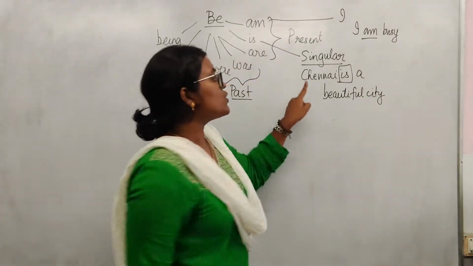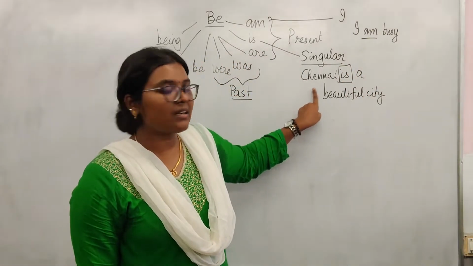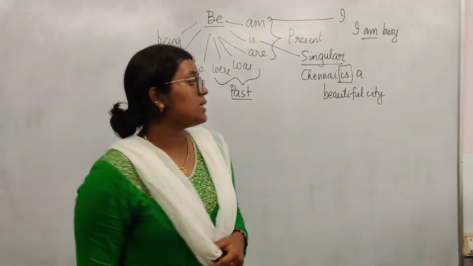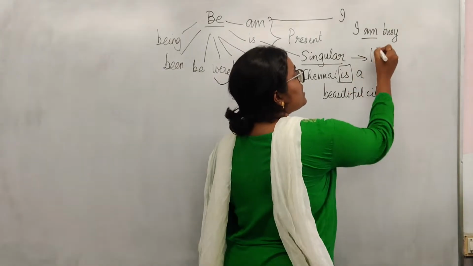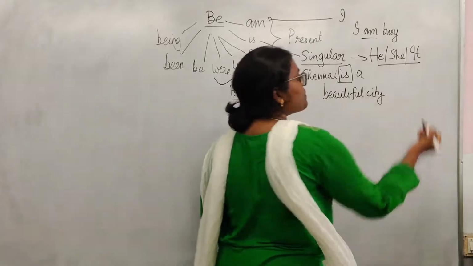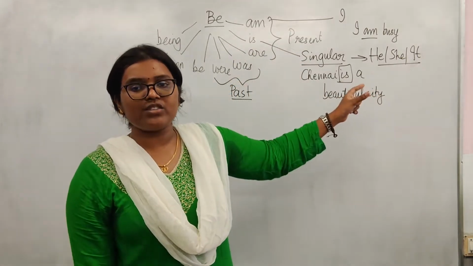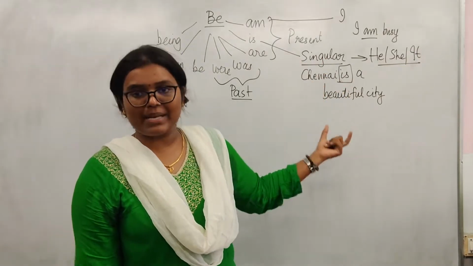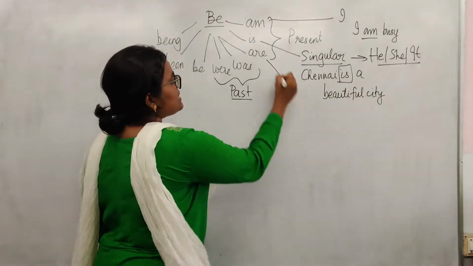Now, when I'm talking about one single entity, which is singular, we always use is as the verb. And additionally, we use is when we talk about he, she, it. When we use these pronouns as well, we tend to use the word is in the singular form in the present tense.